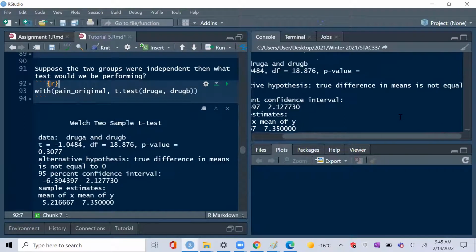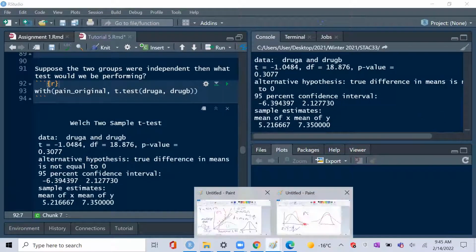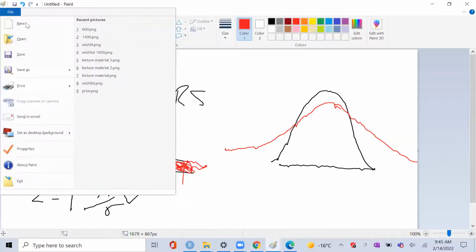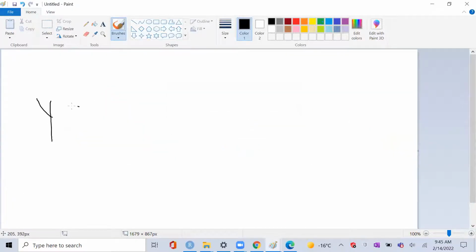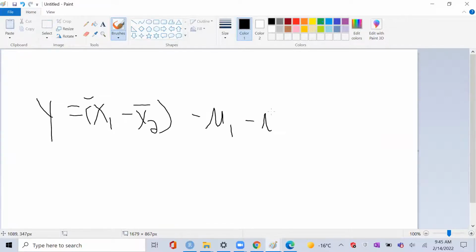The reason why it's not significant is because your t-test for independent samples is assuming the following. You're taking a difference on two independent groups, right? It's assuming you're doing this, right?